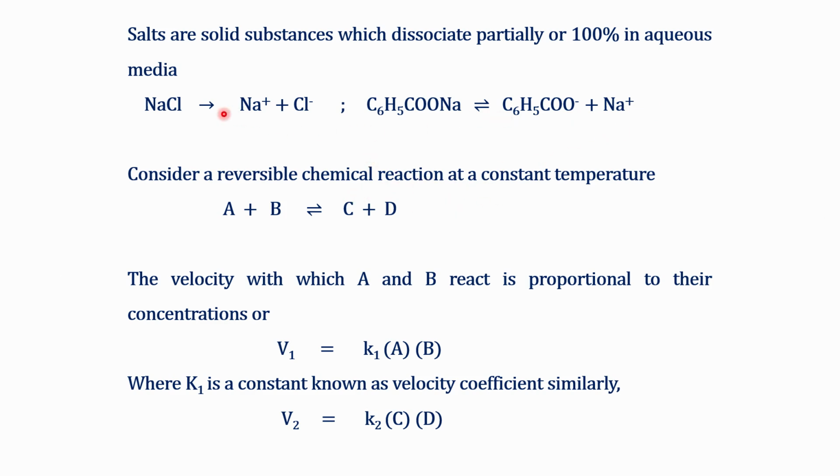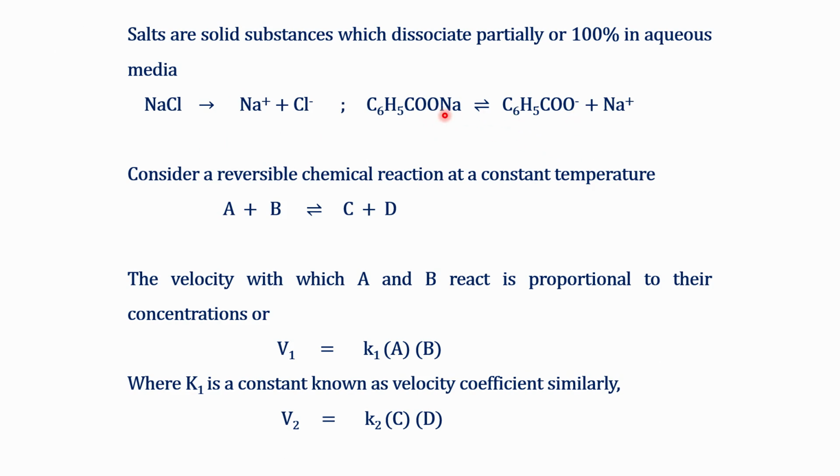All these things you must remember: I have put an equilibrium sign here, and here it is one single arrow, correct. This single arrow shows that there is no equilibrium, whatever you put is totally ionized. Here in this case it is partially ionized.